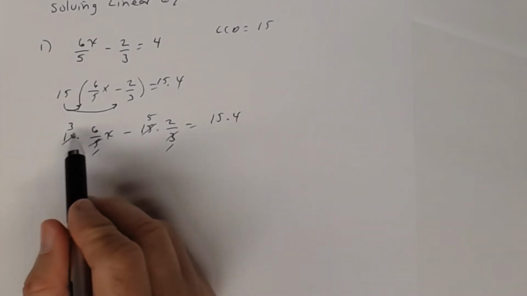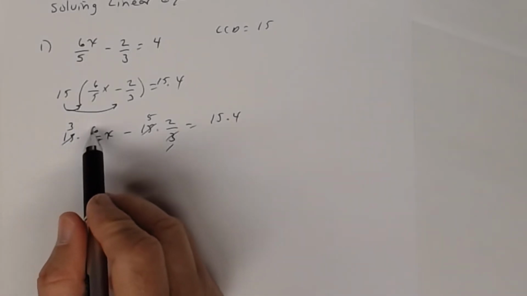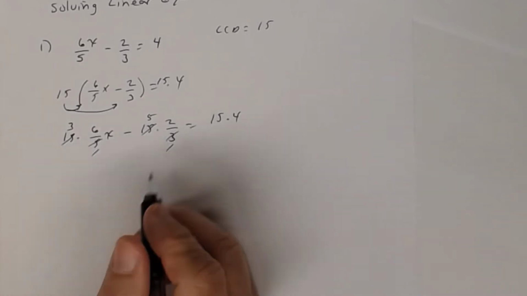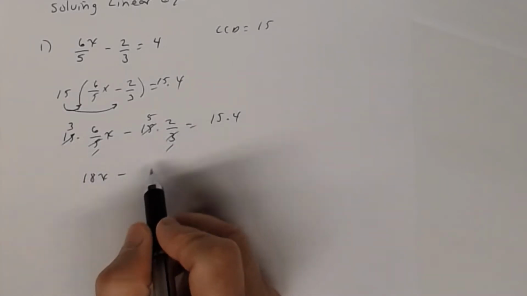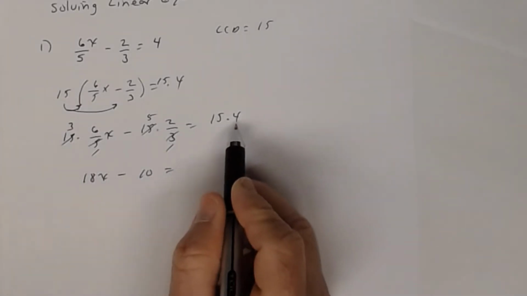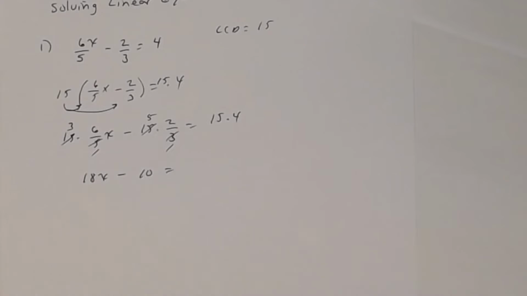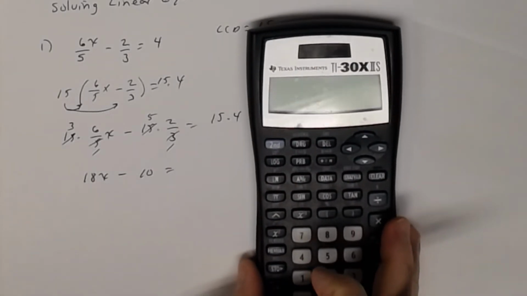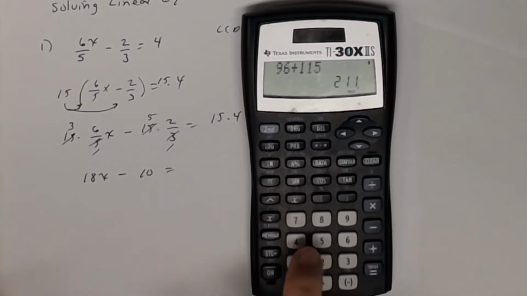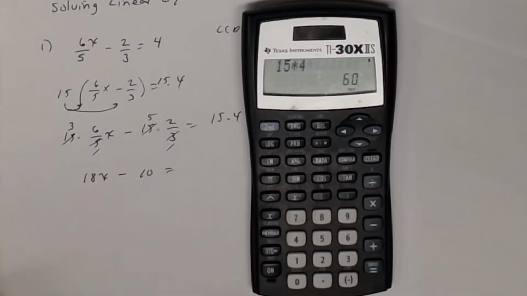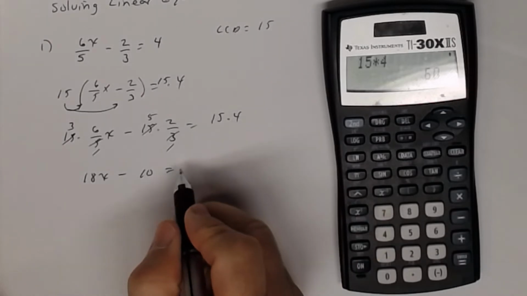I'm multiplying from left to right. 3 times 6 is 18, and 18 times x is 18x. Subtract 5 times 2, which is 10, equals 15 times 4. If you need to, use your calculator, you have access to it. 15 times 4 is going to be 60. So we get 60 here.